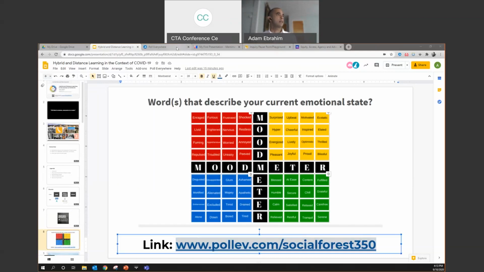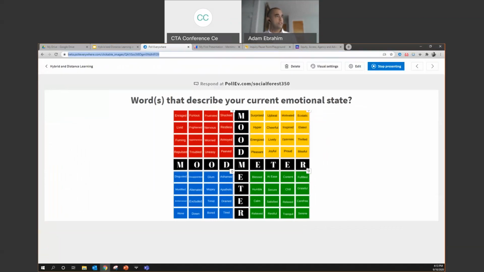In this case, this is a mood meter. This comes from the Yale Center for Emotional Intelligence. It's based on this principle, like, you name it to tame it, or you develop language around the different emotions that you're feeling.